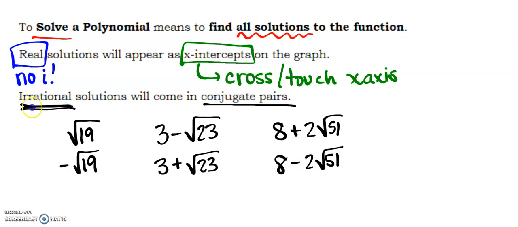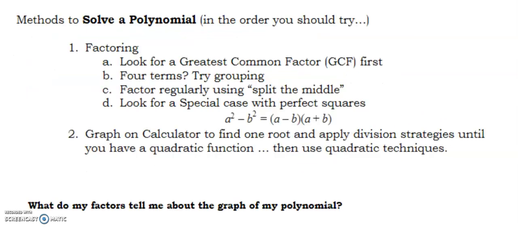Okay, so anything that is irrational, for our purposes, has a square root, will have the plus version and the minus version, which we're used to because anytime we take a square root in solving, we have to introduce that positive, negative, which creates a conjugate pair.